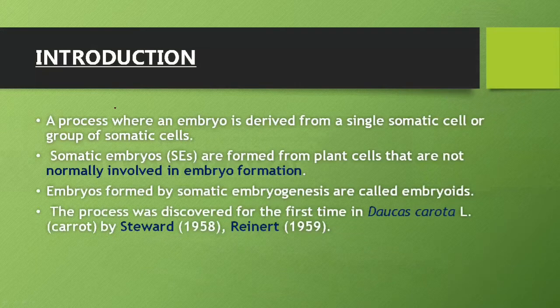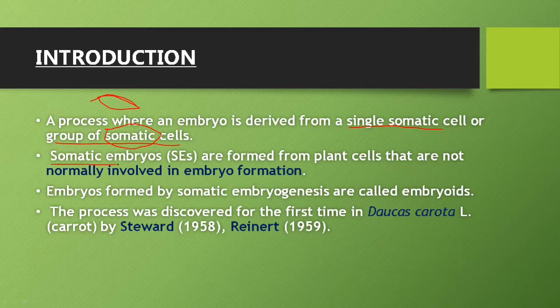Introduction. Somatic embryogenesis is a process where an embryo is derived from a single somatic cell or a group of somatic cells. Somatic cells means non-embryonic cells. Any part of the plant which is non-embryonic, for example the cells of a leaf, is called somatic cells, not somatic embryos.